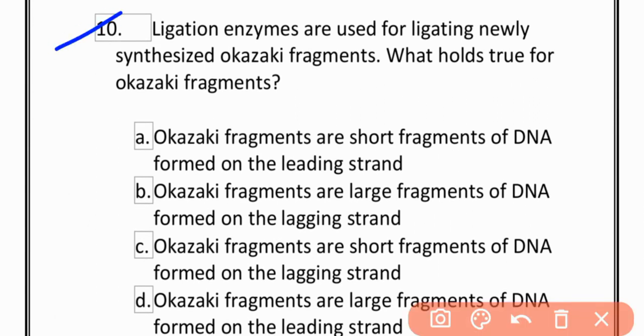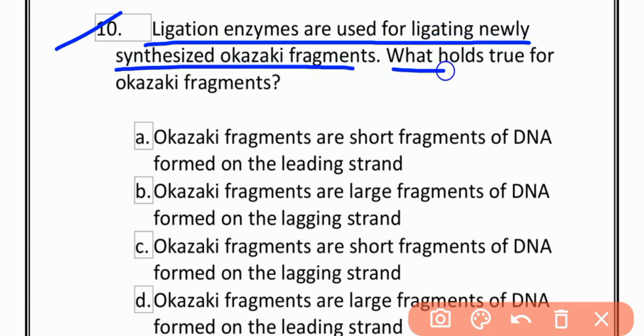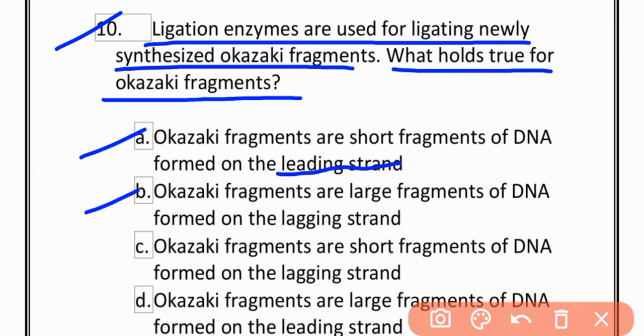MCQs 10. Ligation enzymes are used for ligating newly synthesized Okazaki fragments. Which holds true for Okazaki fragments? Option 1, Okazaki fragments are short fragments of DNA formed on the leading strand. B, Okazaki fragments are large fragments of DNA formed on the lagging strand.